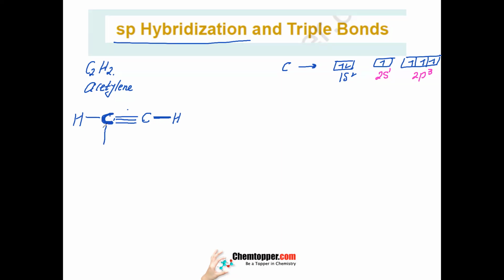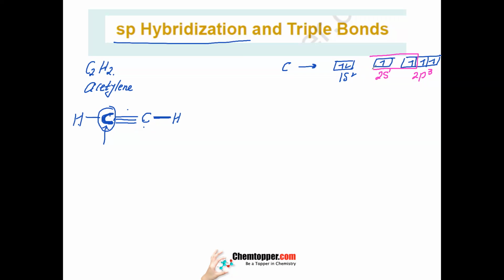Now check this carbon, the blue carbon. How many groups around the blue carbon? Two, Anish: hydrogen and carbon. So if you have two groups, how many orbitals are you going to mix?